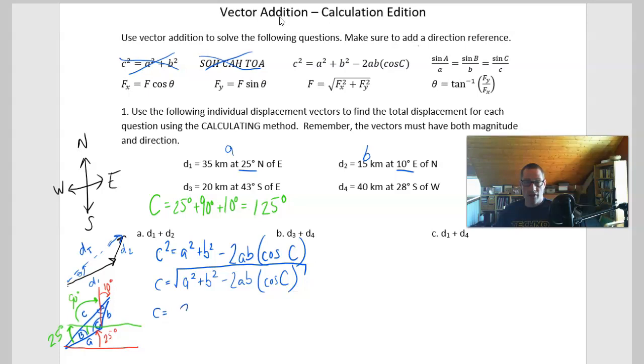So a is 35 kilometers all squared plus 15 kilometers squared minus 2 times 35 kilometers times 15.